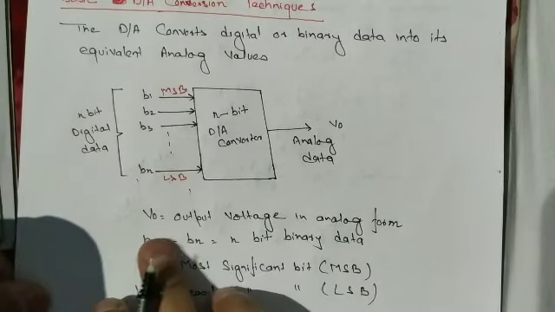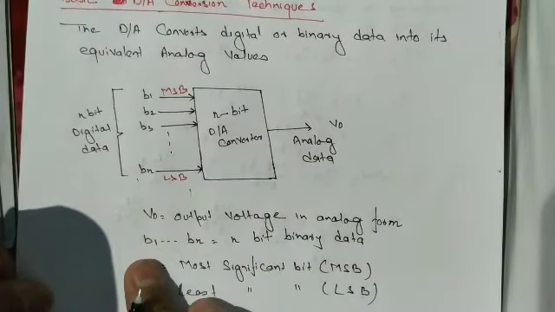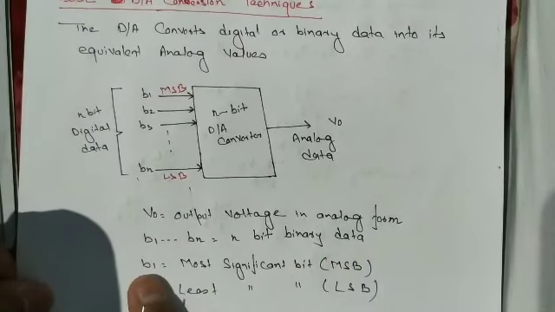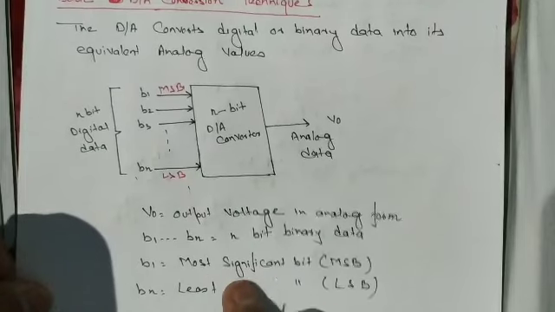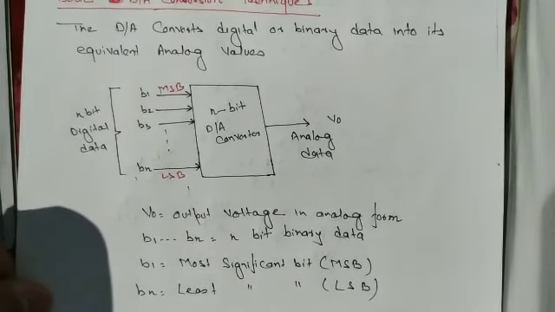Here V0, the output voltage, is in analog form, and B1 to Bn is the n-bit binary data, where B1 is the MSB, most significant bit, and Bn is the LSB, least significant bit.